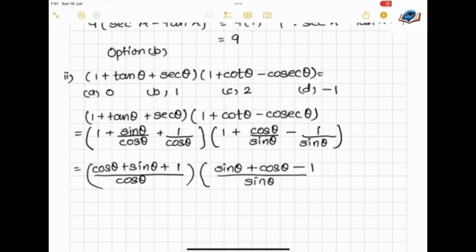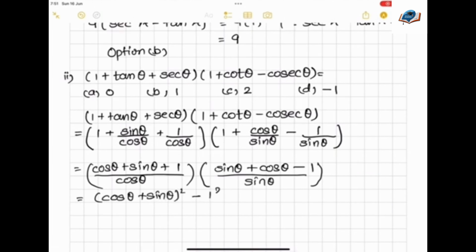Now if I multiply that both, see, if I consider sin theta plus cos theta as one unit, so cos theta plus sin theta whole square minus 1 whole square upon cos theta sin theta. So this will be equal to a square plus b square plus 2ab.